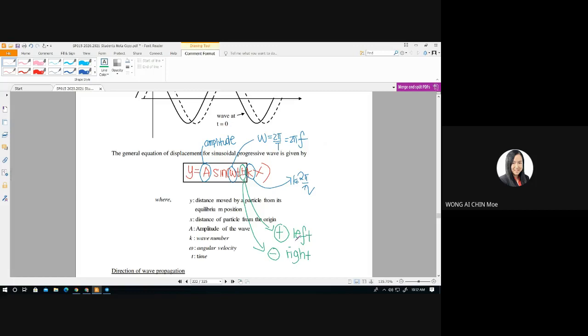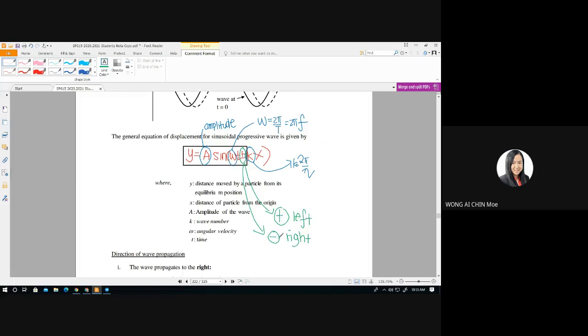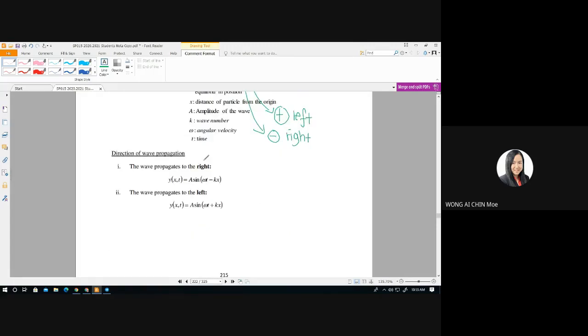Kalau ke sebelah kiri, maka kita punya equation perlu tulis plus kx. If your wave propagates, bergerak ke sebelah kanan, you perlu letak negative kx. Okay, so that's all for 10.1b.